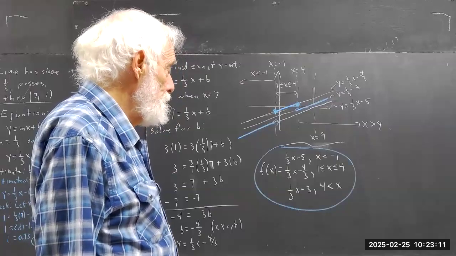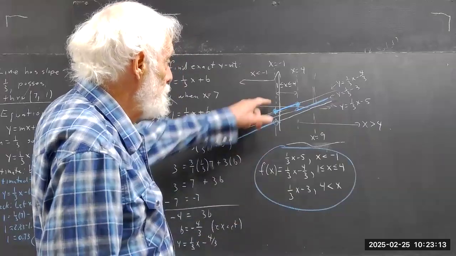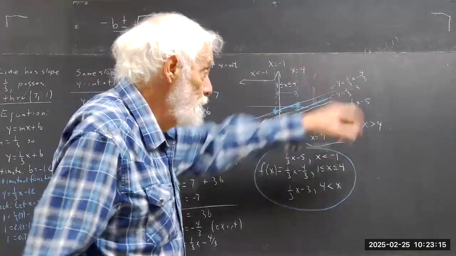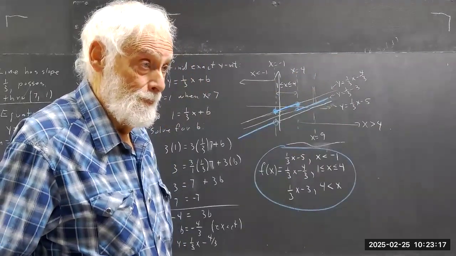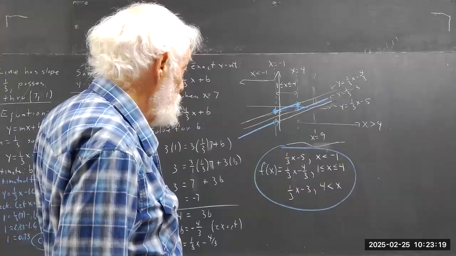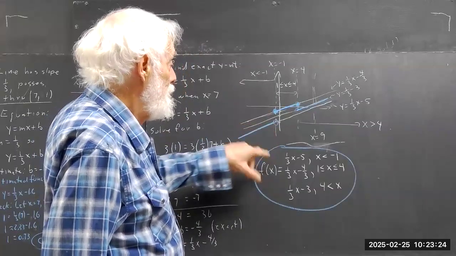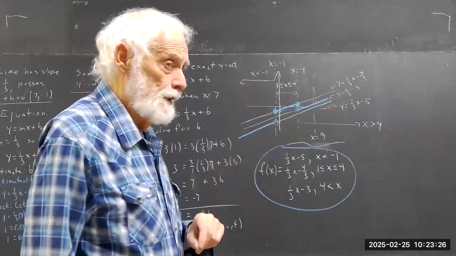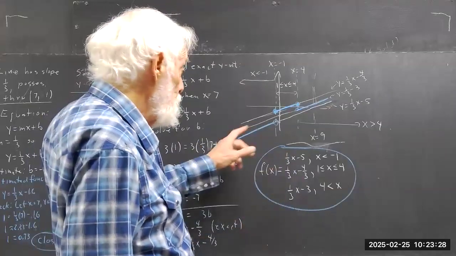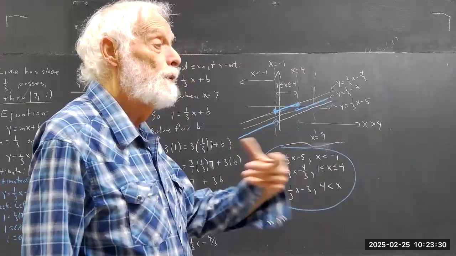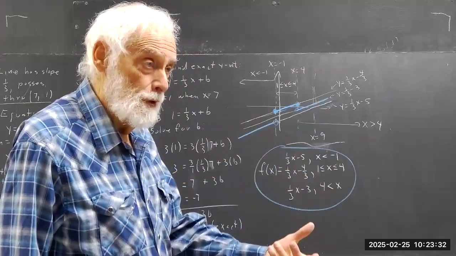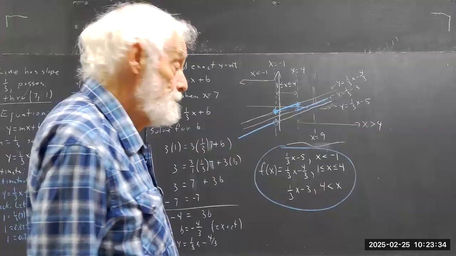And we'll see, if I gave you this graph without telling you what the functions are, you would see that for x less than 1, we're on this line. What's the equation of this line? Well, let's find 2 points on this line, because as soon as we find 2 points, we can find the equation.